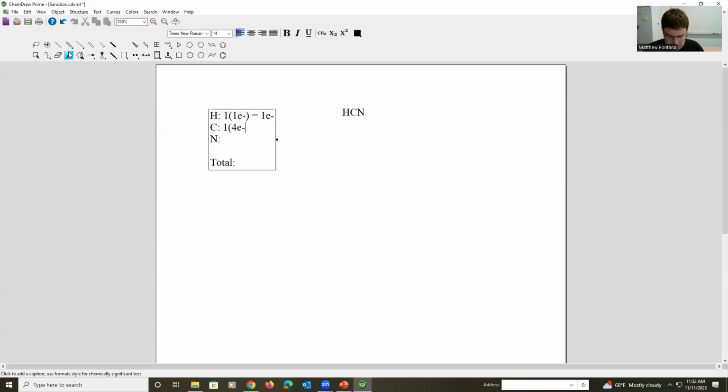And finally, we have one nitrogen atom, which brings five valence electrons because that's in the fifth column of the periodic table. If we add all these numbers together, we get one plus four, which is five, plus another five, which gives us a total of 10 valence electrons.